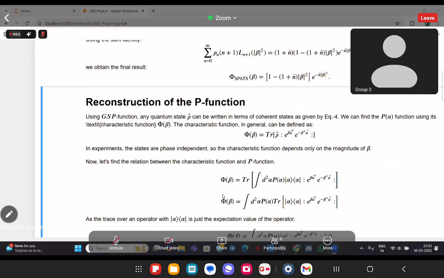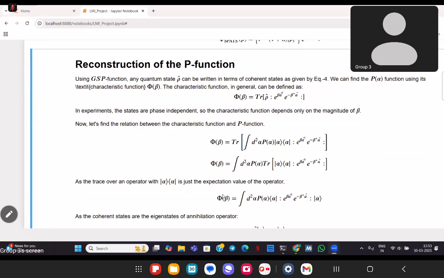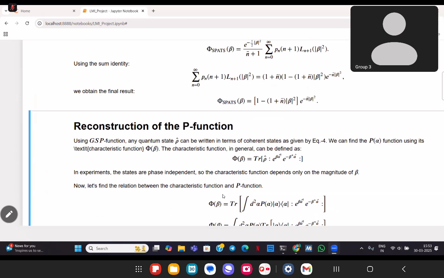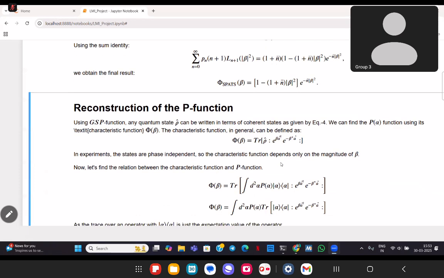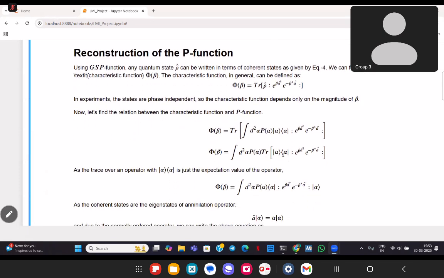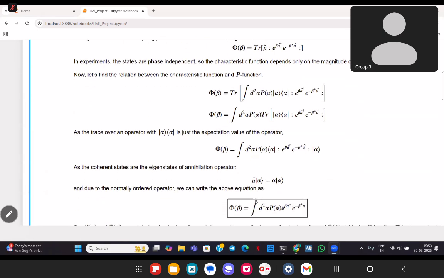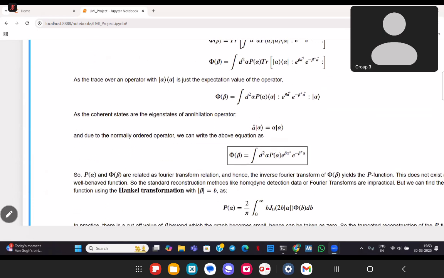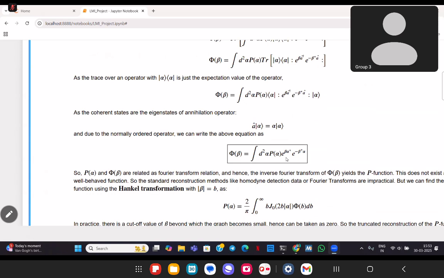So this is the phi of beta which we obtain from our calculation, and it is related to this by this equation. After performing this Fourier transform, we'll finally get the expression of phi of beta in terms of P of alpha, and then P of alpha would be the inverse Fourier transform of phi of beta.